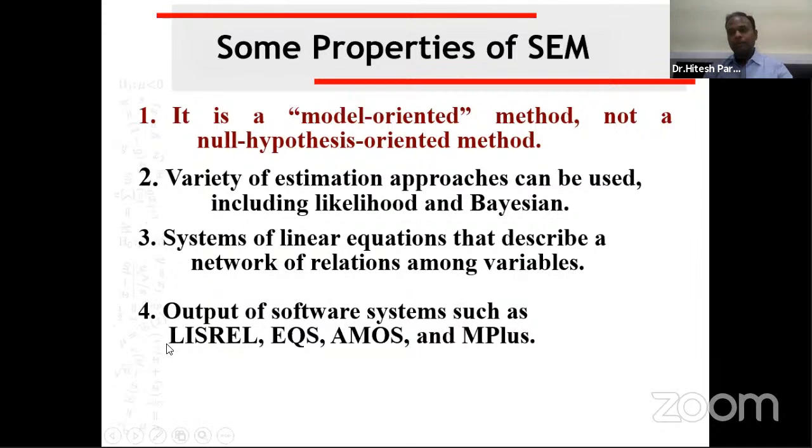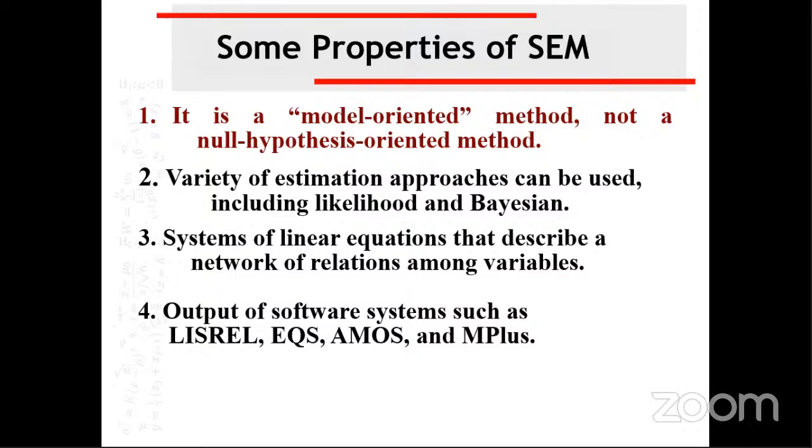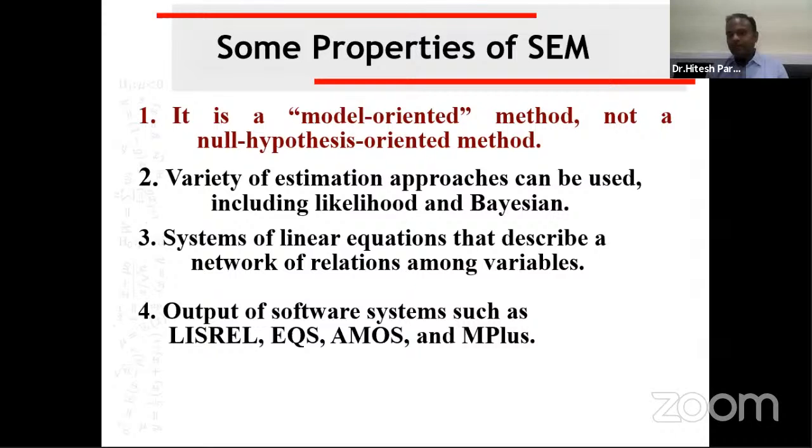So in this way, we need to specify the model first of all. Then we will collect the data. Then our purpose is whether the data fits the model or not. So that is the reason it is called a model-oriented method.